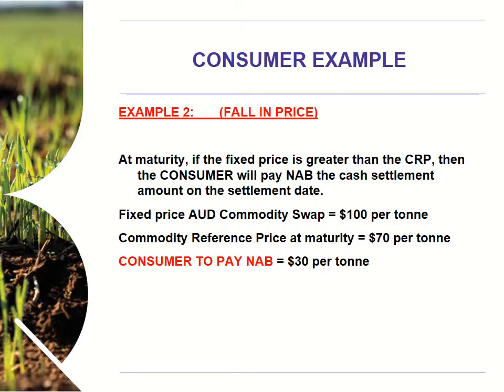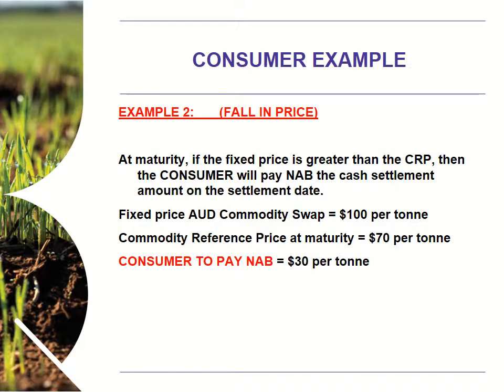And in the event the prices fall, the consumer will have to pay because they fixed it at, sorry, $100. At maturity, when the price drops to $70, meaning the price is now cheaper, it's the consumer that has to pay the bank.